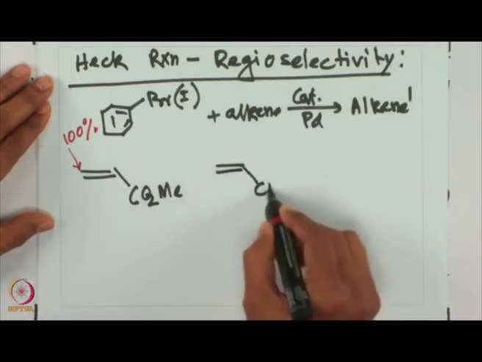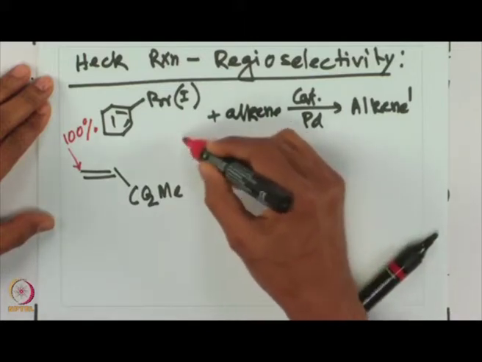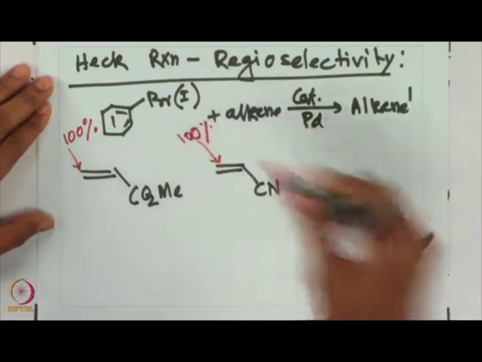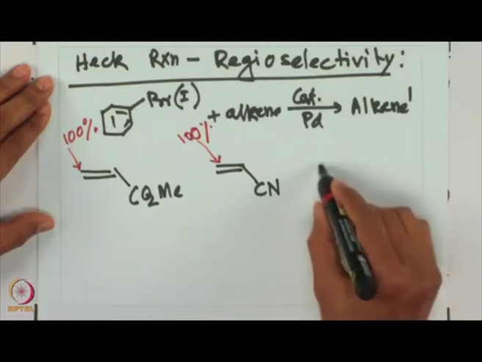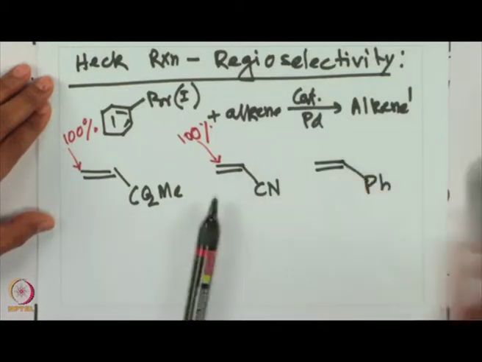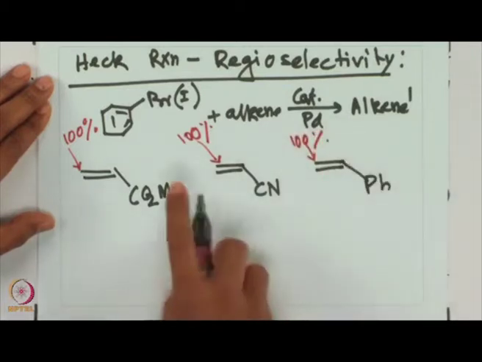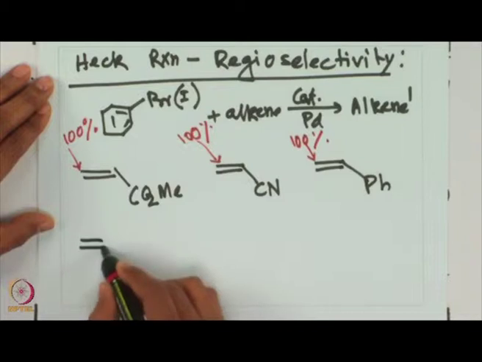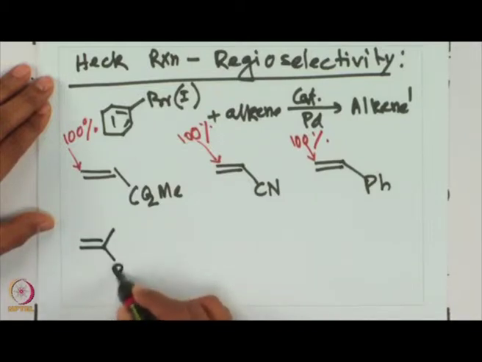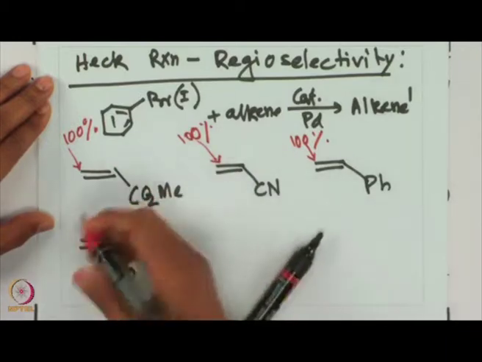The same thing is true for acrylonitrile; once again we get 100% regioselectivity. If you take styrene, once again you get a similar 100% selectivity at this end. Even if you take alpha methyl styrene, you will get the same thing over here.